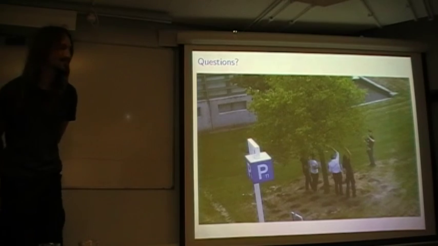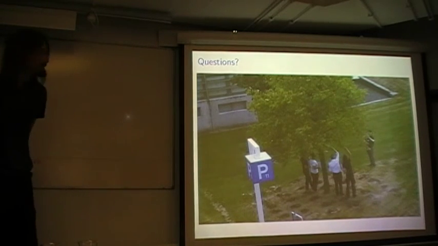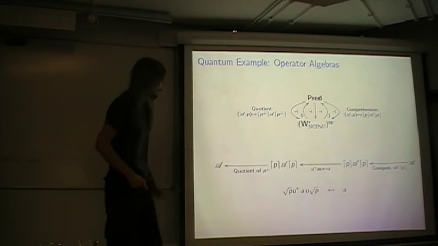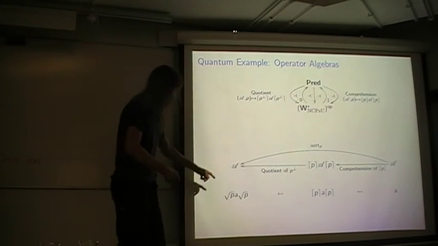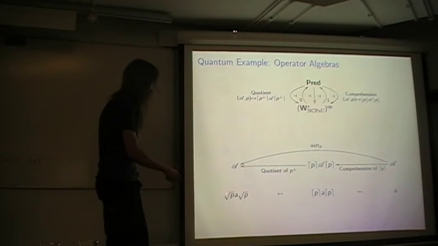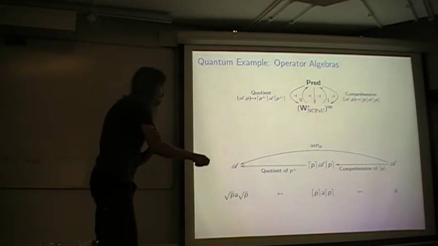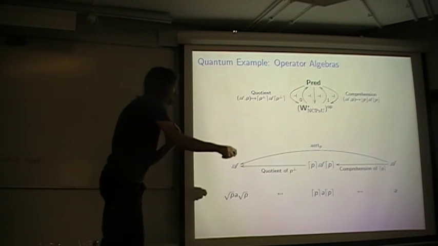That's actually an interesting story. What we were trying to do, Bas and I, was find a universal property for this thing, and the only universal property we found was that of a quotient. So this map, from this type to this type, will actually be the map A to the square root of P, A, square root of P. However, this is not the same space as this one, so then we needed to have a universal property here as well.